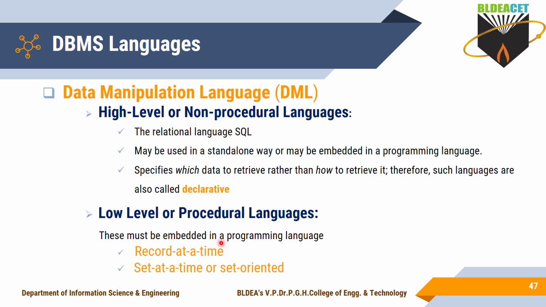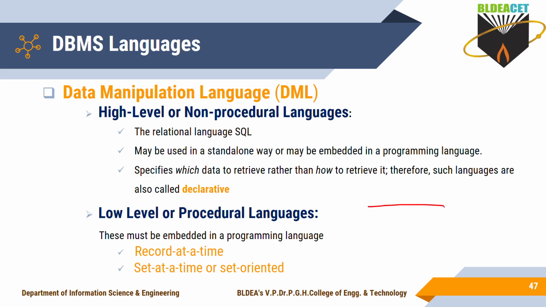Here this low level or procedural language is once again categorized based on how to retrieve the data stored in the database. Based on that you have two categories. One is record at a time. If you are using the relational database, then it is stored in the form of tables.